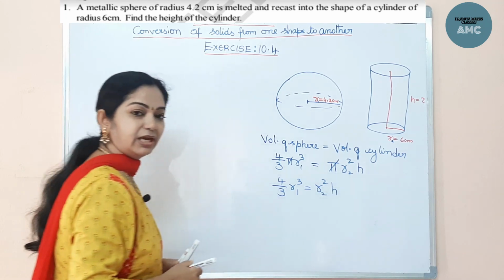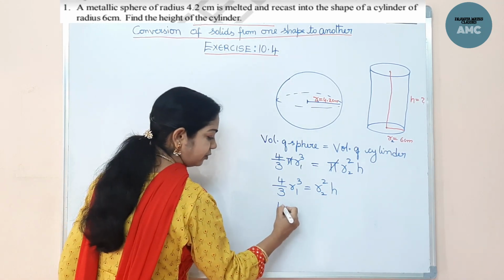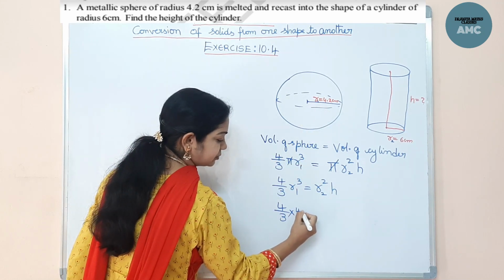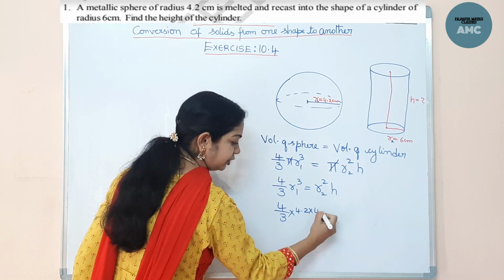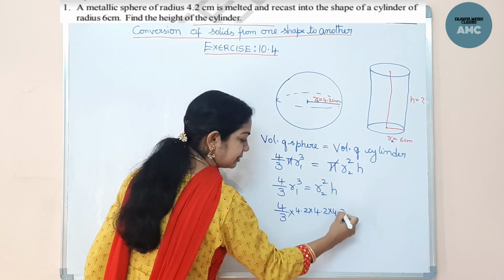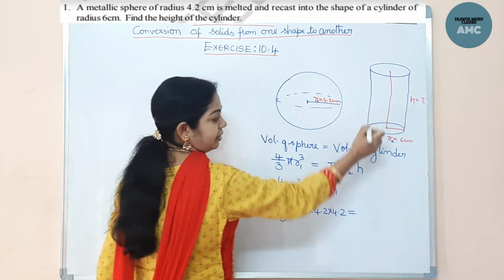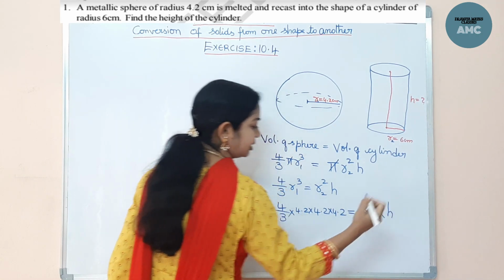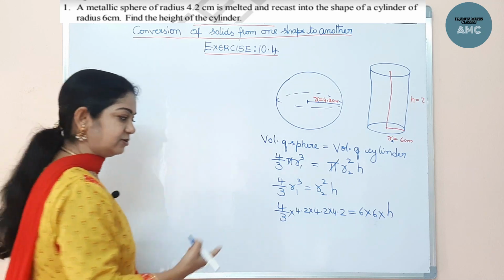We will substitute the R values. 4 by 3 into R1. What is R1? 4.2. So cube, so 4.2 three times I am writing. R2 square. R2 is 6 centimeters. So twice, into h. Now we don't know the h value, so h.